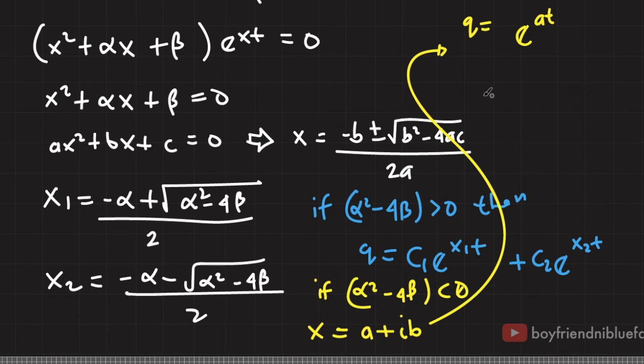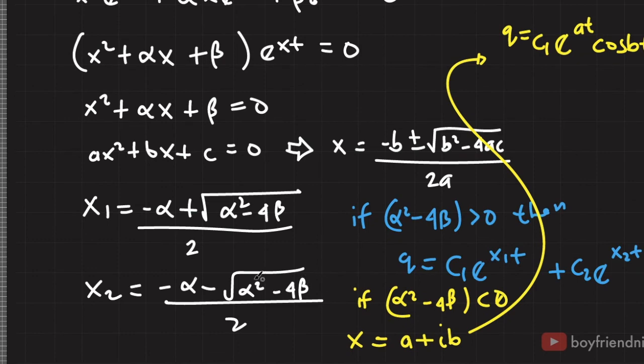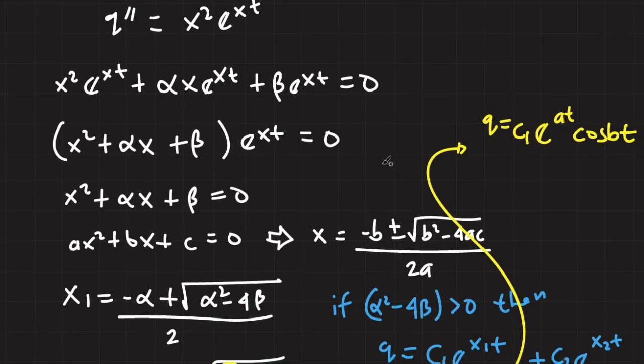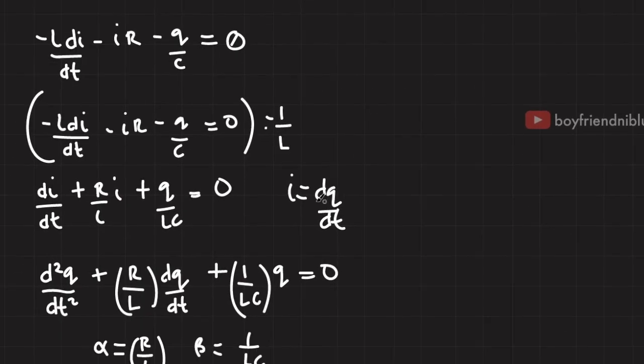Remember that Euler's formula is e raised to i theta equals cosine theta plus i sine theta. So we just consider the real term and multiply it with this function. So we have cosine bt. If we have initial boundary conditions or initial values, we can determine the constant factor here. I leave it as an exercise for you to plug in the necessary variables. Remember that a and b are composed of alpha and beta, which are equal to these variables, and you may just plug them in here.